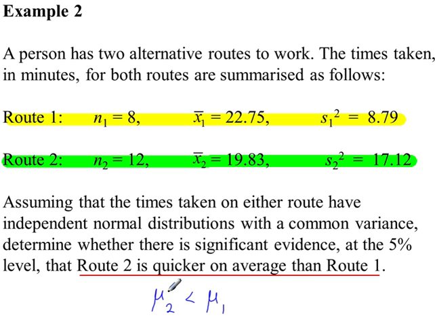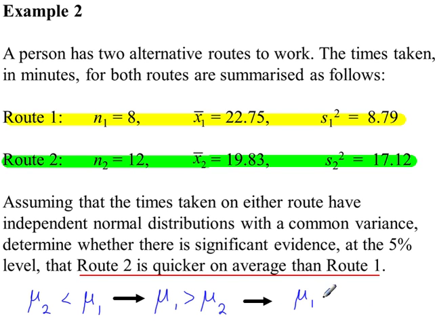So we have this, that the mean of 2 is less than the mean of 1, or we can say that the mean of 1 is greater than the mean of 2. Or the mean of 1 minus the mean of 2 is greater than 0. So we have this positive difference which makes the test a bit easier.